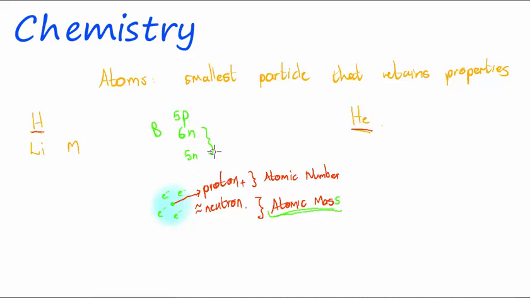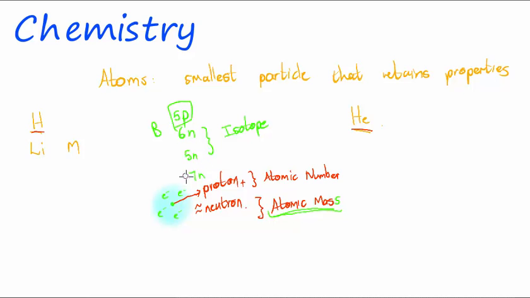And when we have a different number of neutrons, it is called an isotope. So it's the same element, because boron is defined by that which has 5 protons, but some 5 protons have 6 neutrons, some have 5 neutrons, okay? Some might even have 7 neutrons.